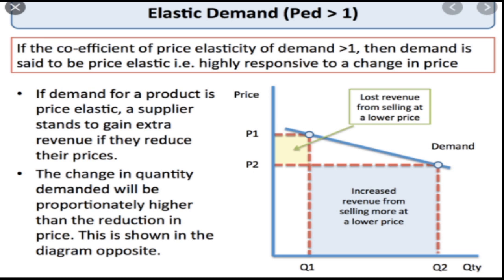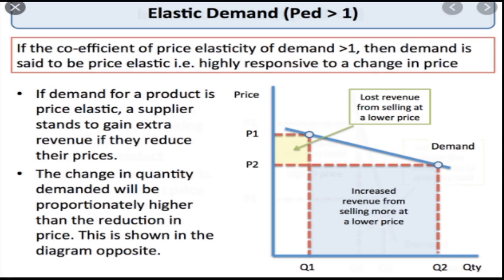Once again, in other words, if a small change in price leads to a large change in quantity demanded, then this is relatively more elastic demand, and in this case elasticity of demand is greater than 1, and here the demand curve is flatter. The shape of the demand curve is downward sloping, but it is flatter.